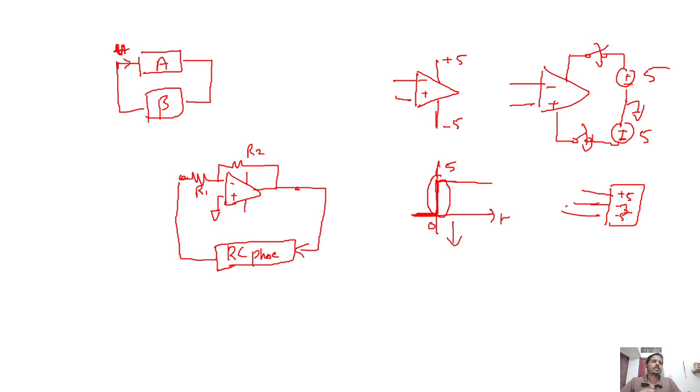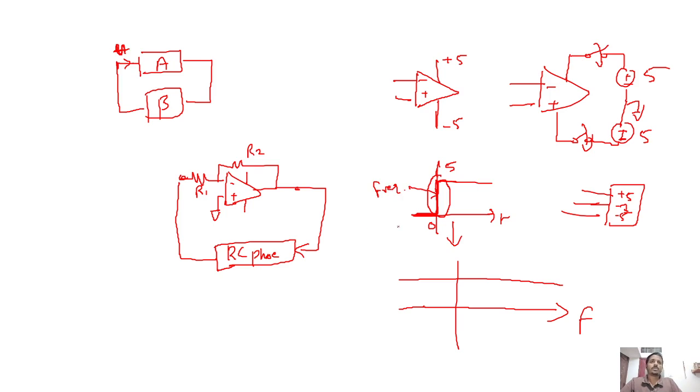Whenever we switch on the supply, both voltages will be available at that point. So at that point there is an impulse. If I take the frequency response of that impulse, it will have values at all the frequencies. That is, this transition contains all the frequency components.